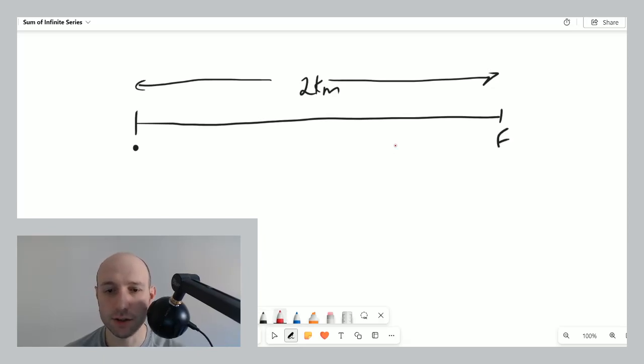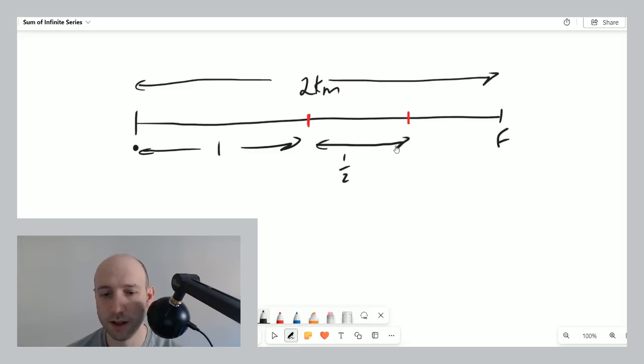Well, first, you move up to here. That's half the distance, right? That is a distance of 1. Okay, then you move again half the distance between you and the finish line. Well, that's a distance of 1/2, right? It's half of what's left, which is half of what you just traveled.